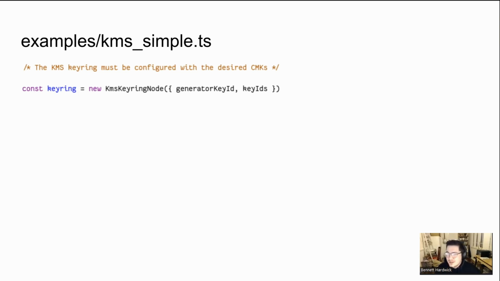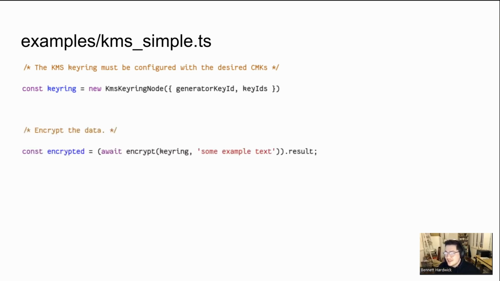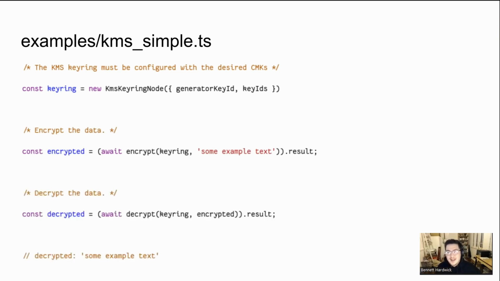Lots of internal AWS encryption SDK stuff. You then ask the keyring to encrypt some data for you. You get an encrypted result. And then you ask it to decrypt it for you, and you get a decrypted result. And so if you're ever doing any kind of encryption or decryption or application level encryption stuff inside your cloud or inside AWS, you might even be using envelope encryption without even knowing about it.